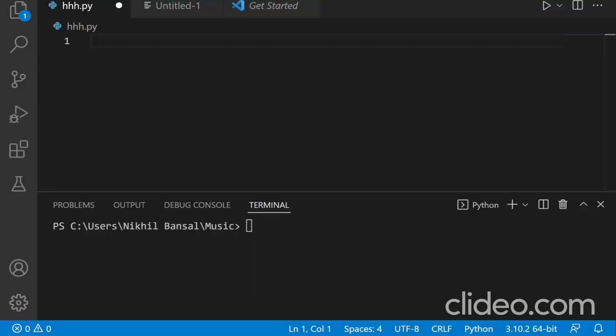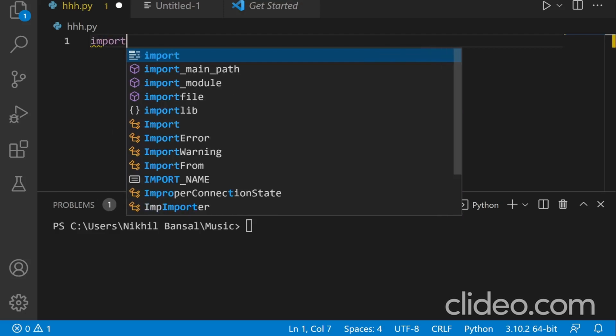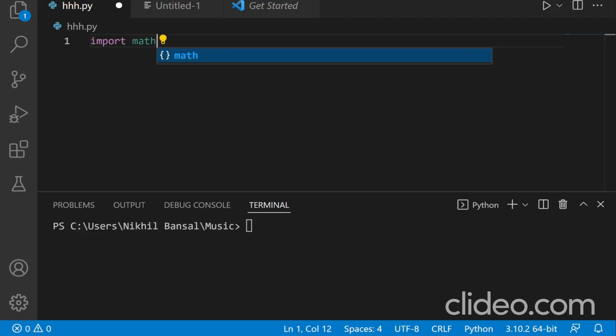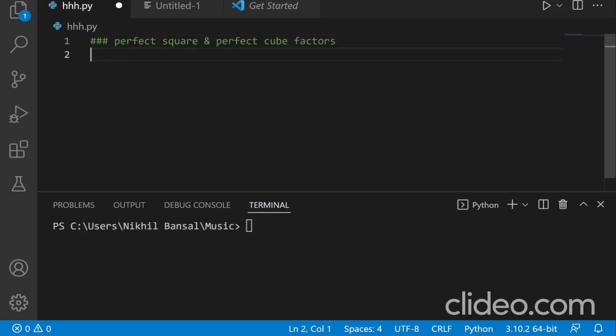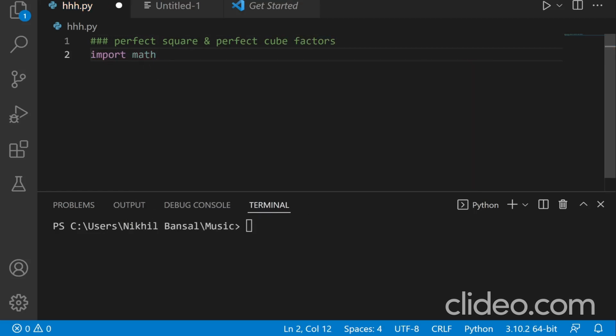The first thing that I will do is import the math library. I should write that this program is about perfect square and perfect cube factors, right? The next thing, I need to import the math library.